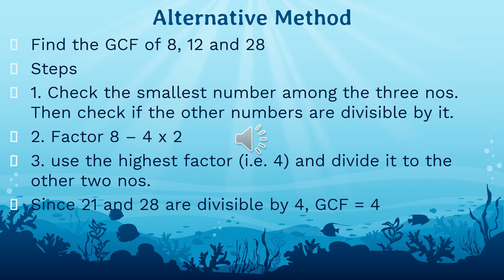The factors of 8 are 4 and 2, and 4 is greater than 2, so we check the divisibility of the other 2 numbers by 4. 12 is divisible by 4, and 28 is also divisible by 4. Hence, the GCF of 8, 12, and 28 is 4.